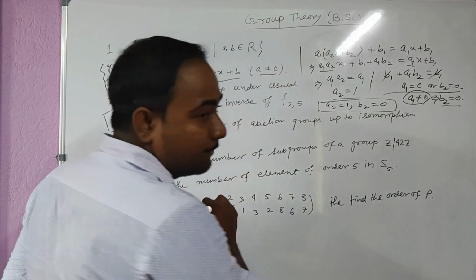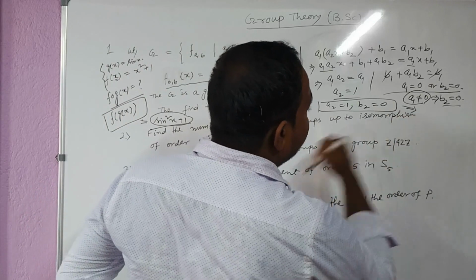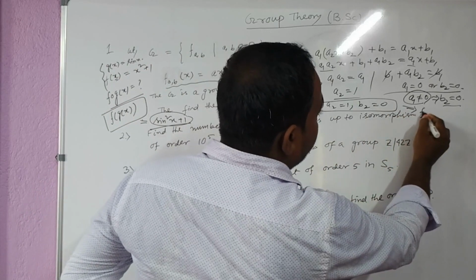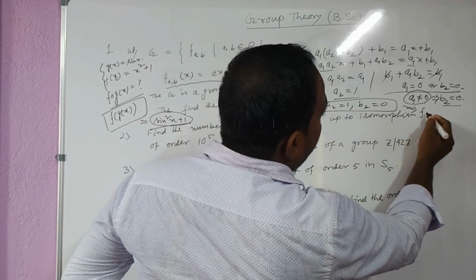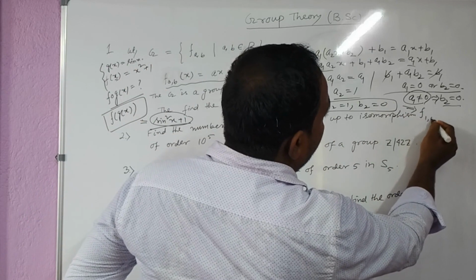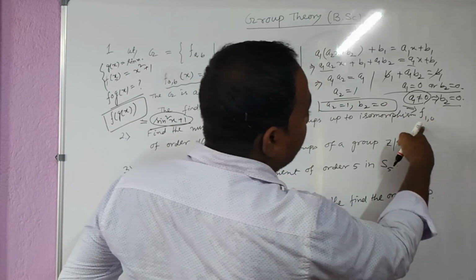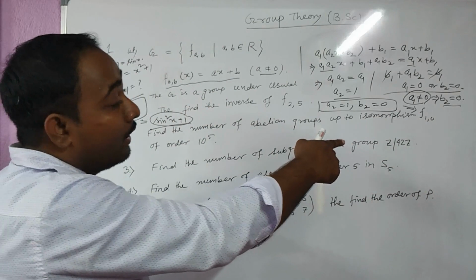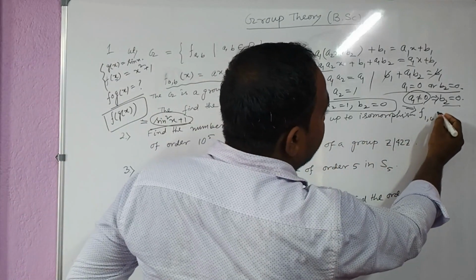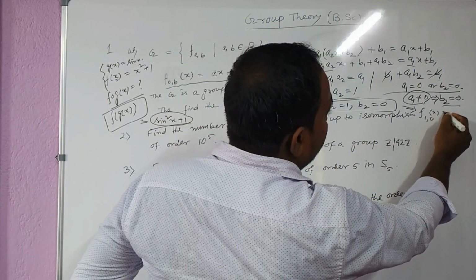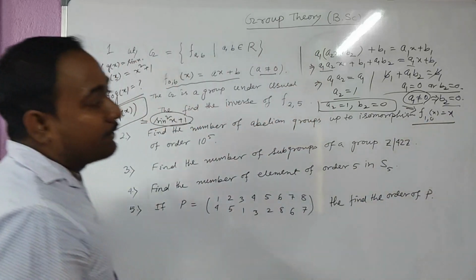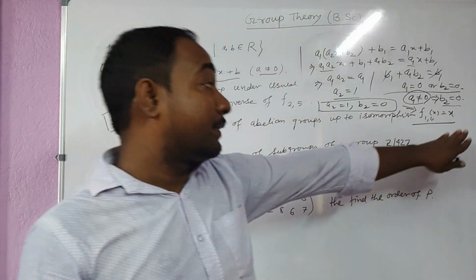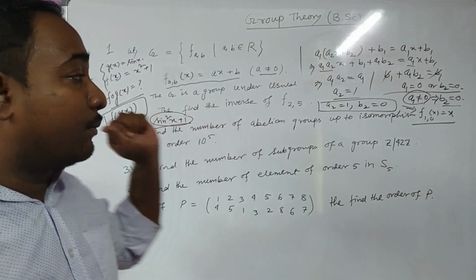This implies the identity function will be f_{1,0}, which is nothing but the function x. So this is our identity function, which we needed to understand first of all.